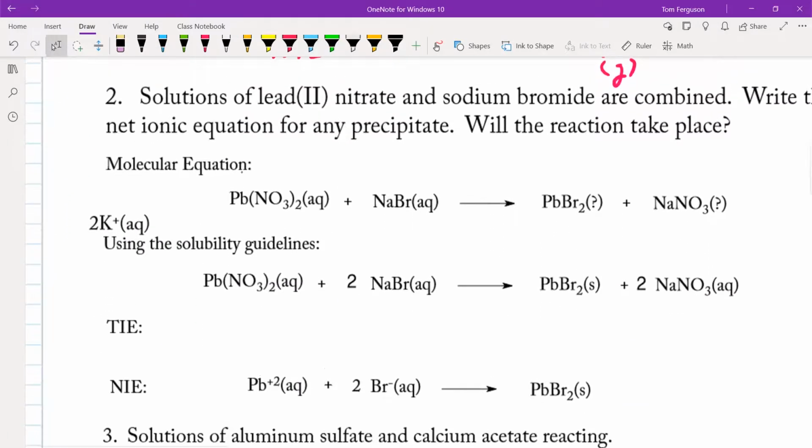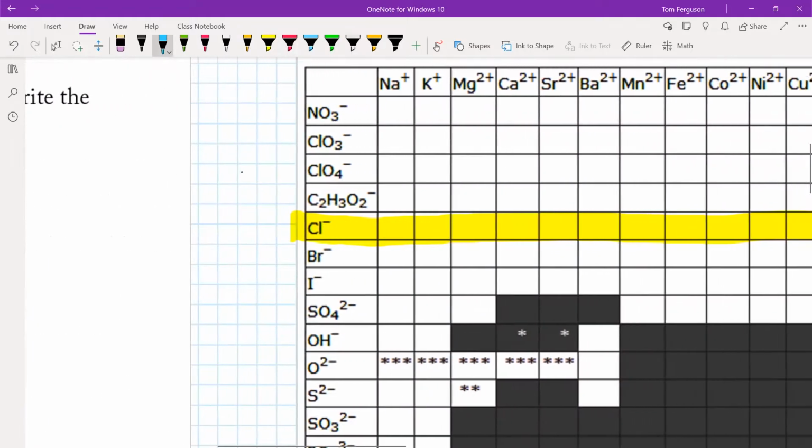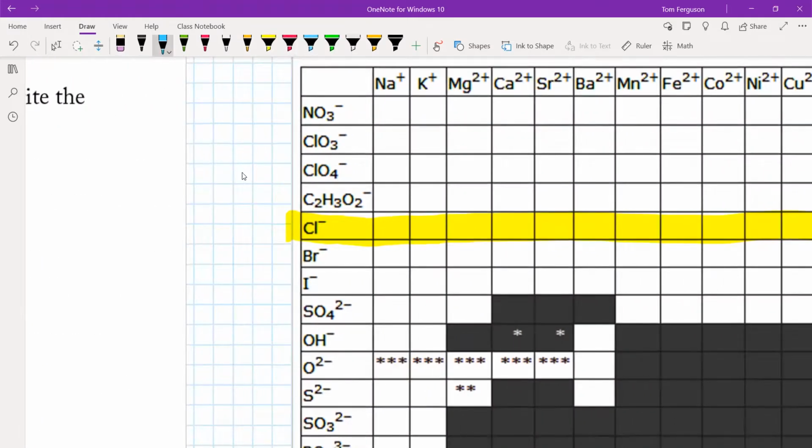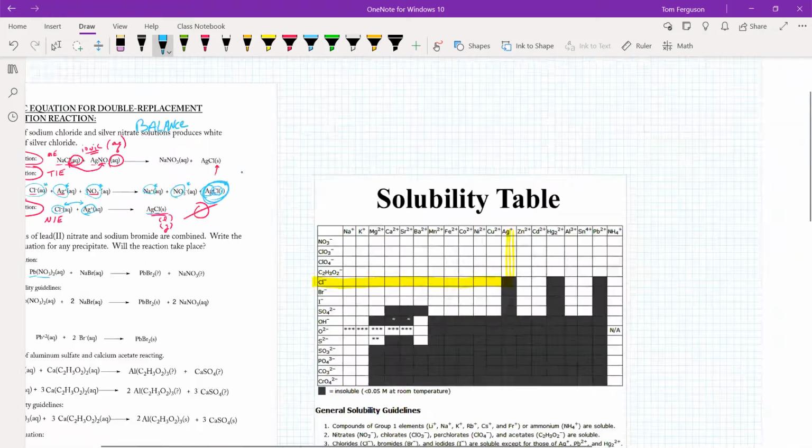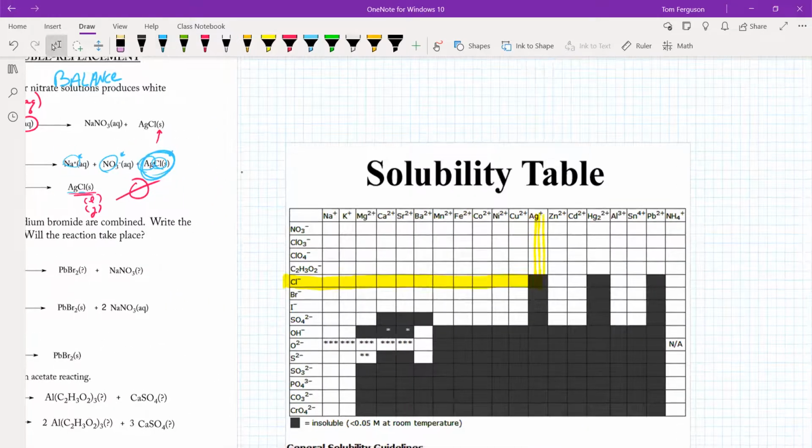So let's look at this guy here. All right, so we have lead nitrate, aqueous. Why is it aqueous? Because nitrates are all white, all the way across. That means nitrates don't form a solid with anything.